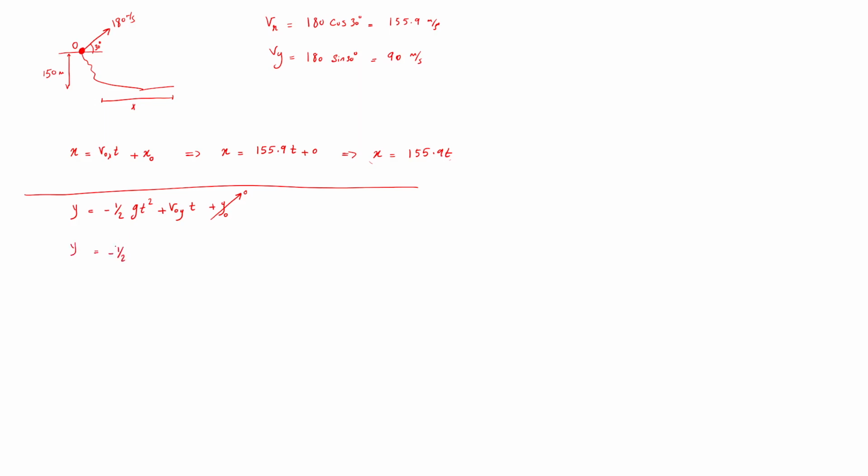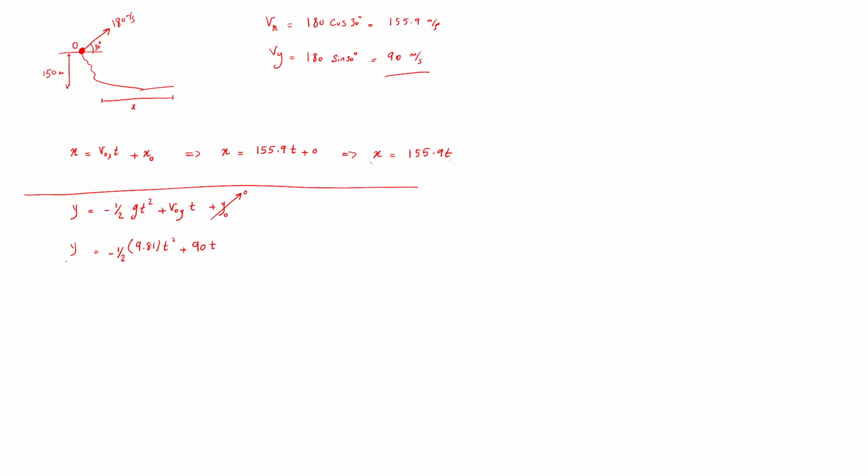We are solving this problem in the SI system, and the gravity is 9.81 meters per second squared, so minus 1/2 times 9.81 t squared, plus the initial velocity along the y-axis, 90 times t.